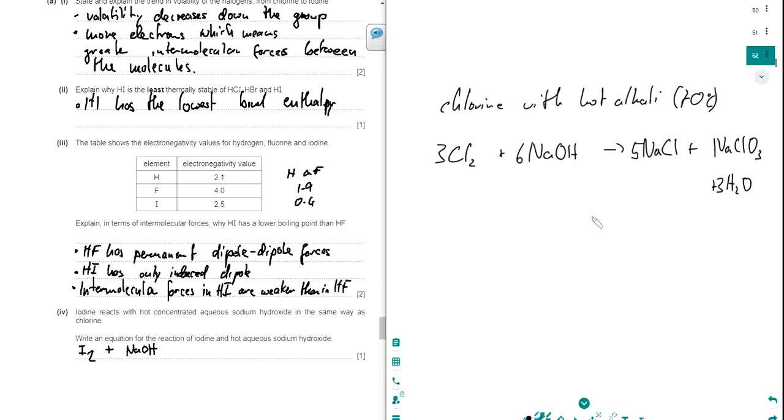That is the balanced equation, so we need to replace the chlorine with the iodine. And that's the balanced equation.